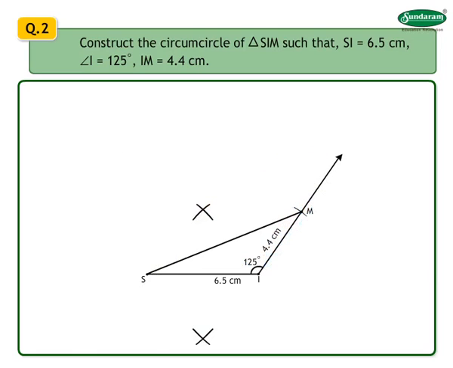segment SI. Draw a line L passing through the points of intersection of these arcs. This is the perpendicular bisector of side SI.